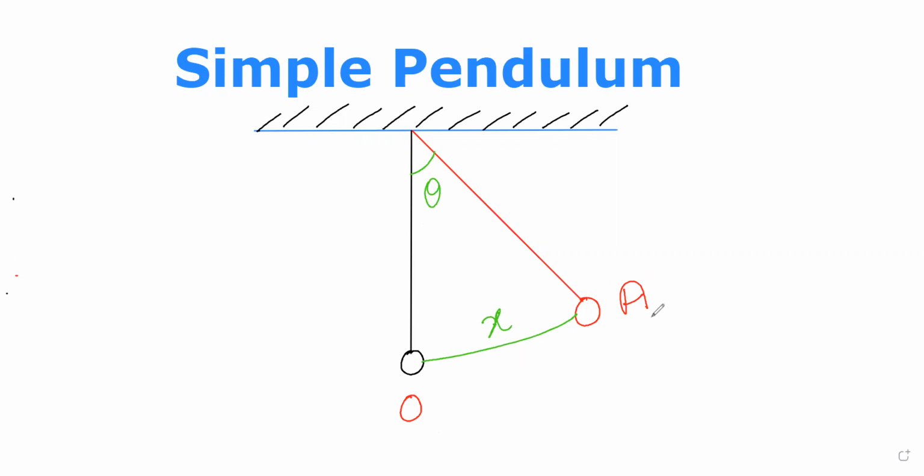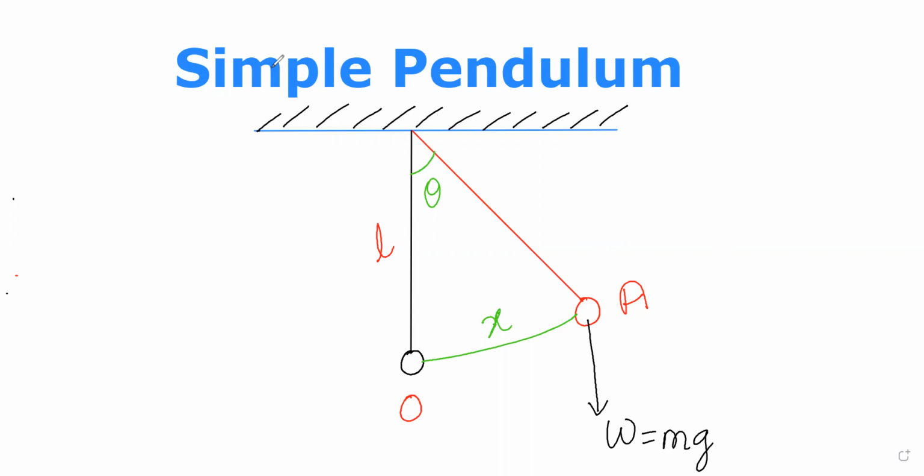It moved from O to A, the displacement is x, and the length of the string is L. When the body is at A, it is acted on by two forces. One is the downward force, W equals mg, where m is the mass and g is the acceleration due to gravity.